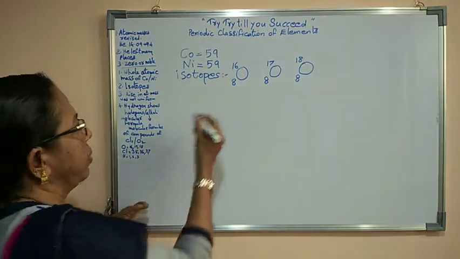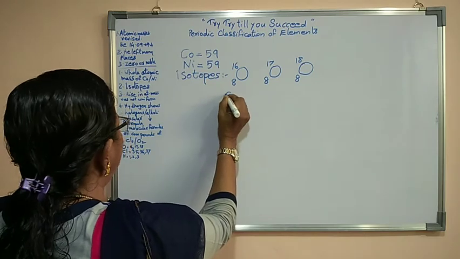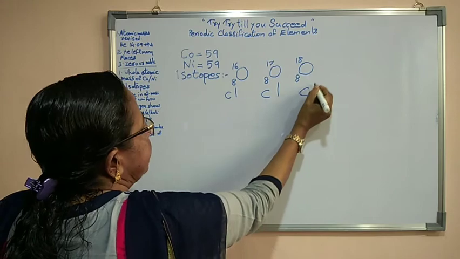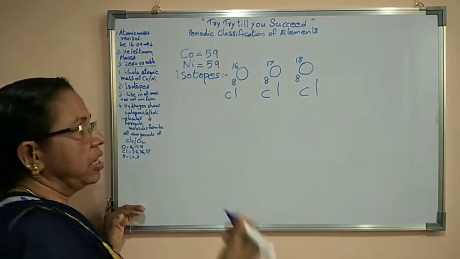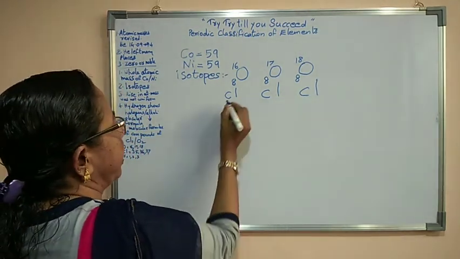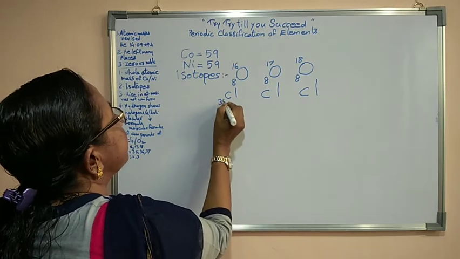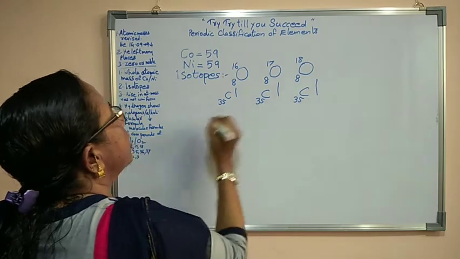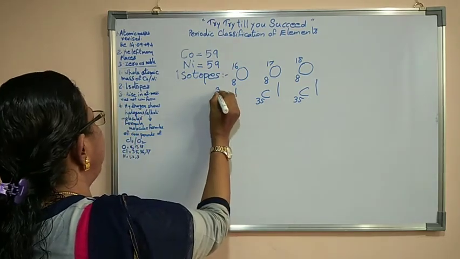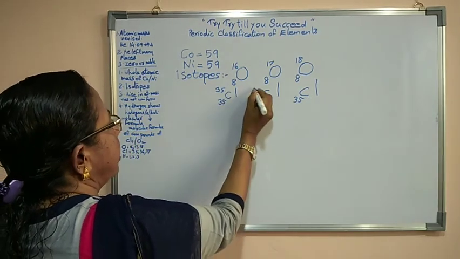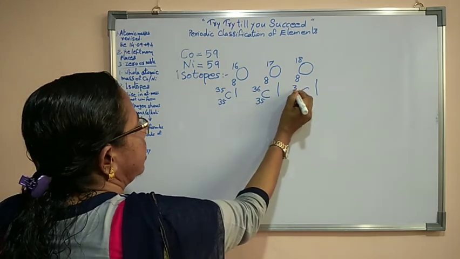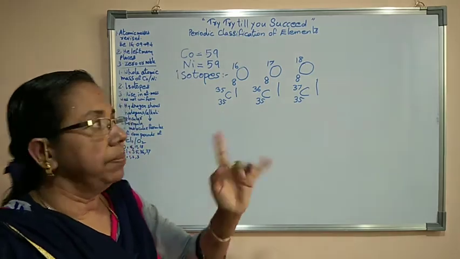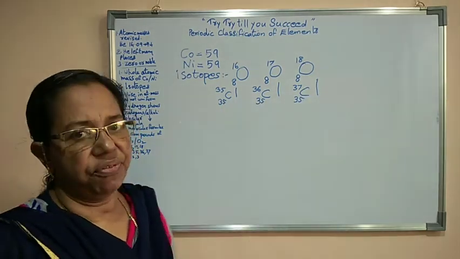Now if you take another element, chlorine: it has many isotopes, but I am writing 3 of them. The atomic number is the same, but the mass numbers are 35, 36 and 37. So the atomic number is the same but the mass number is different.